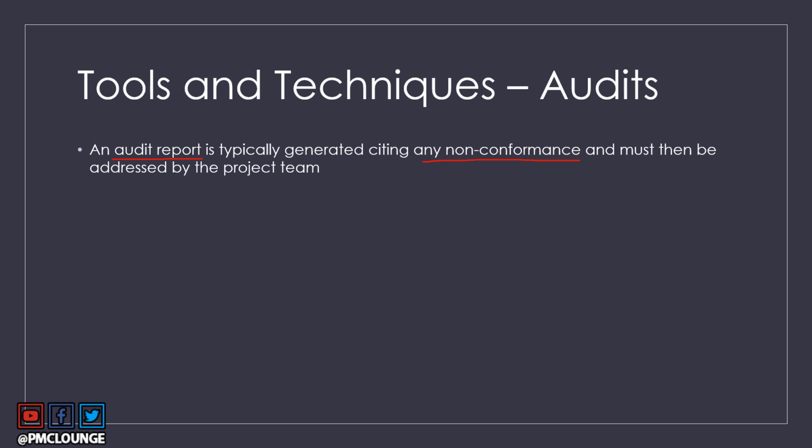Your organization has certain quality policies, procedures, and processes. Your project has been audited to make sure that those policies, procedures, and processes have been followed. If they are not followed, then you will receive non-conformances in the audit report. As and when you receive that report, your project team must work to address those non-conformances. You have to turn them into conformances. So that's the next course of action once the audit is complete.